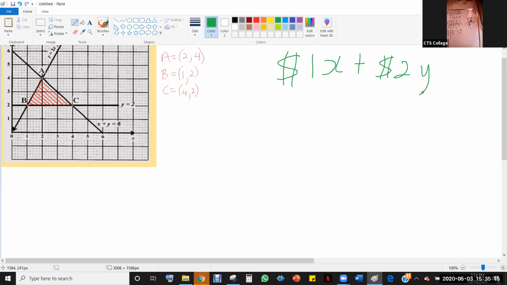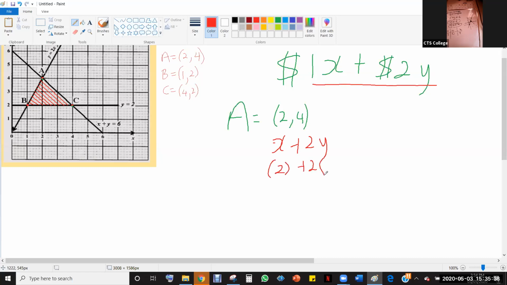So let's test A. The coordinates for A are 2, 4. So when x is 2, this is the equation I'm going to use, right? x plus 2y. So x is 2 in this case, plus 2 times the value of y, which in this case is 4.